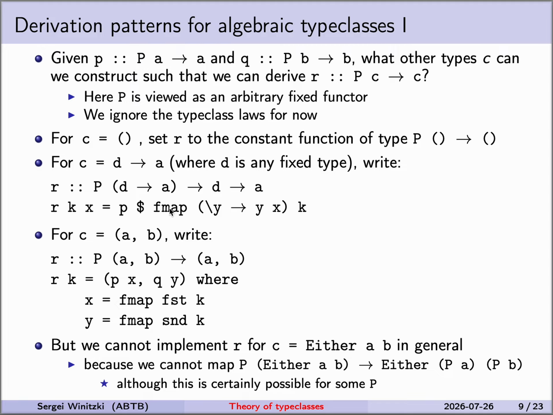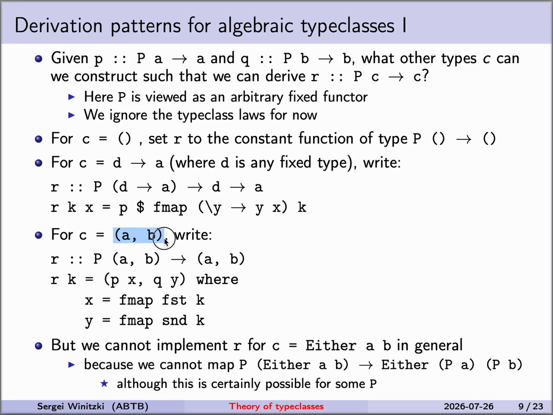You would not be able to implement P of (A to D) to (A to D), because P of (A to D) you could transform into P of D, but you don't have P of D to D. You only have P of A to A. D is not necessarily a member of the type class. So you can try some more things and you won't find any more patterns of this sort.